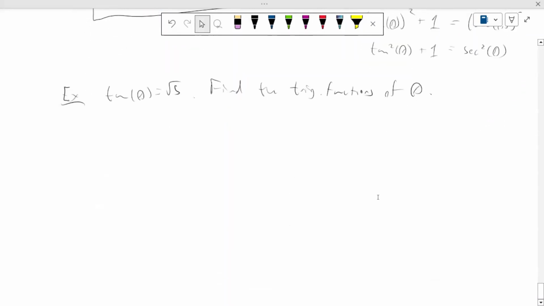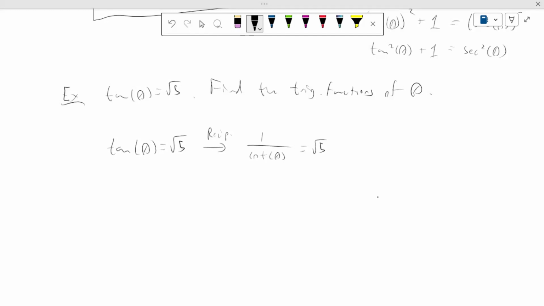Okay. Now I'm going to do it purely with trigonometric identities, okay? So start off with tangent of theta is equal to square root of 5, right? All right, let's find out what cotangent of theta is, okay? I'm going to use my reciprocal identity, right? Tangent of theta is the same thing as 1 over cotangent of theta.